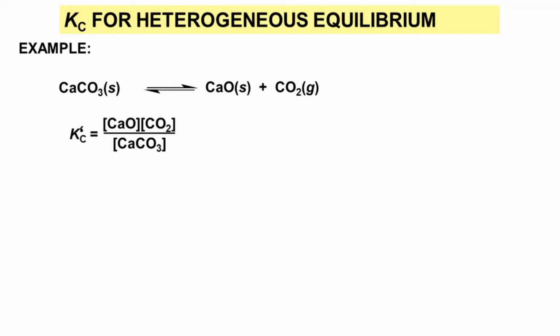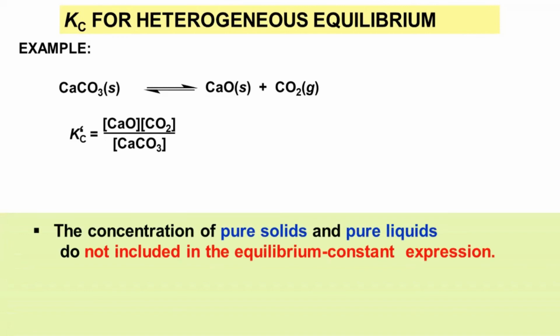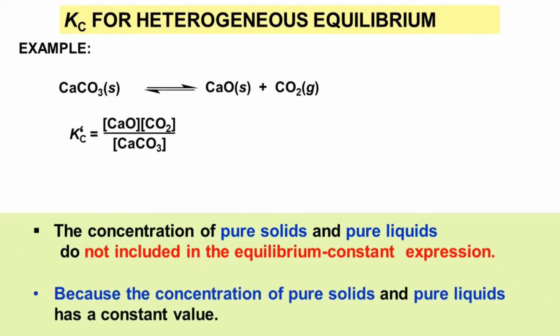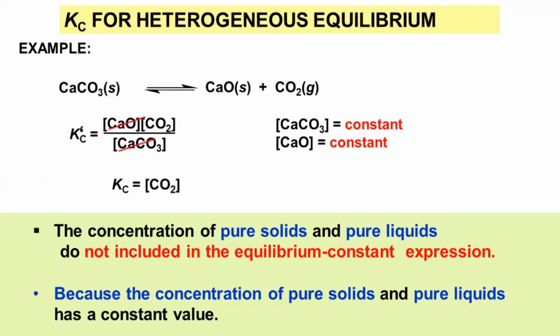However, the concentrations of pure solid and pure liquid should not be included in the equilibrium constant expression because they are constant values. Hence, the equilibrium constant expression should be just Kc equals the concentration of carbon dioxide.